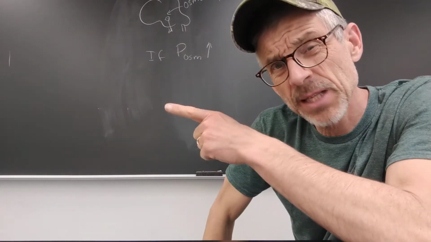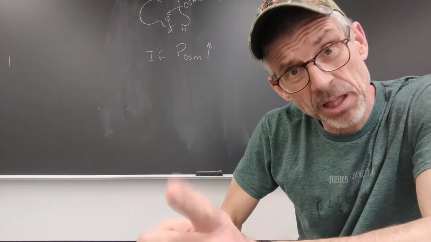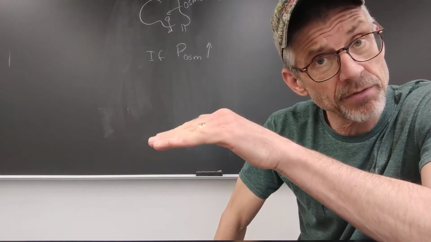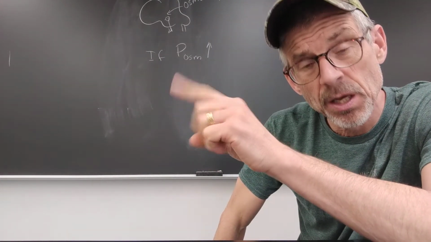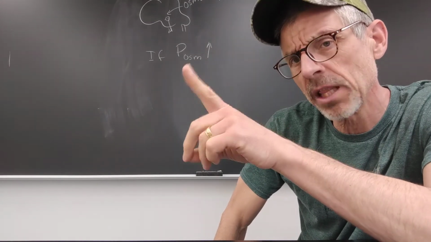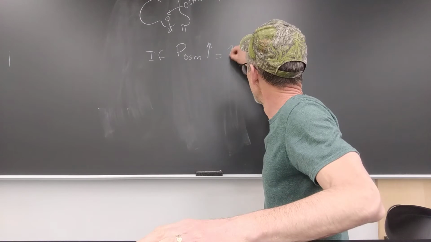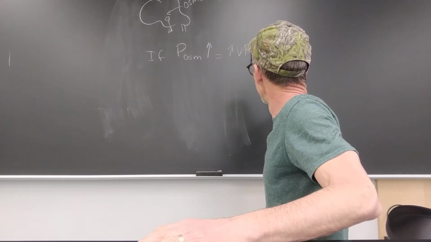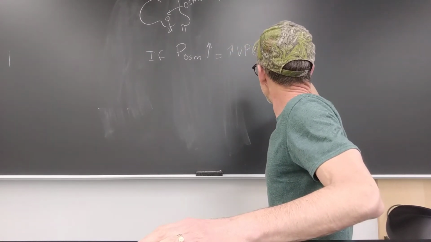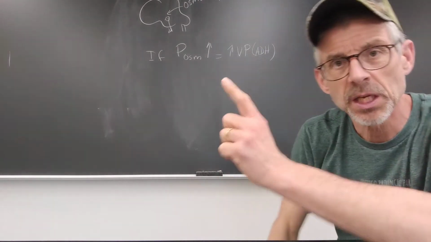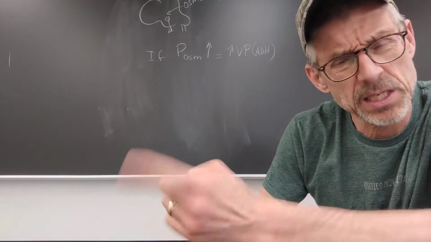If plasma osmolality is elevated, by elevated I mean above that regulated variable, that set point, we see increases in vasopressin, the antidiuretic hormone.